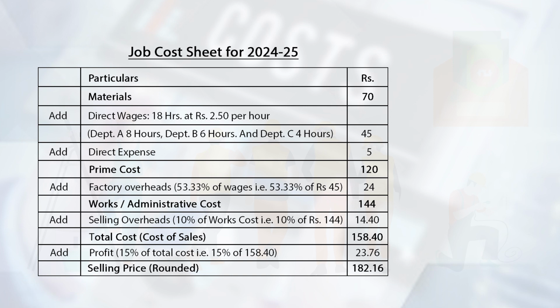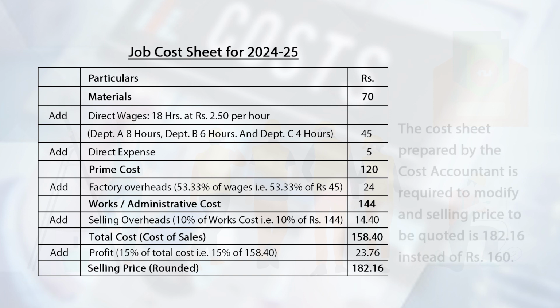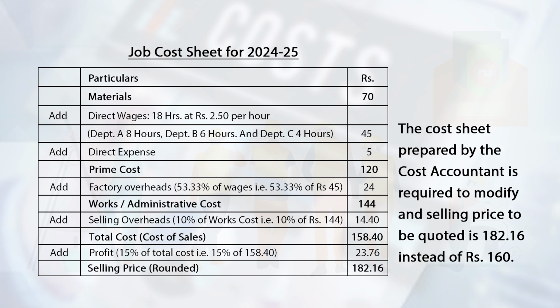In that, we will add profit, the percentage that we have calculated, which is 15% of total cost, that is 15% of 158.40, and the profit amount comes to rupees 23.76. Therefore, selling price, which is rounded up, comes to rupees 182.16. The cost sheet prepared by the cost accountant is required to modify, and selling price to be quoted is rupees 182.16 instead of rupees 160.